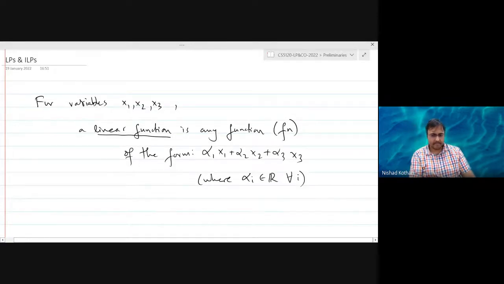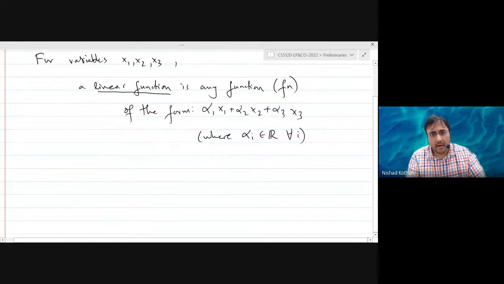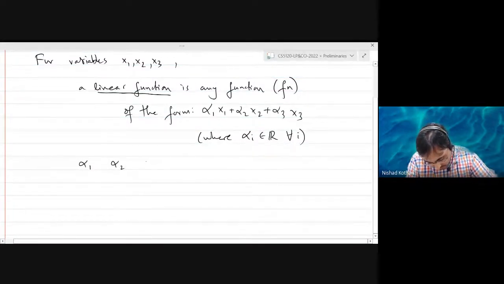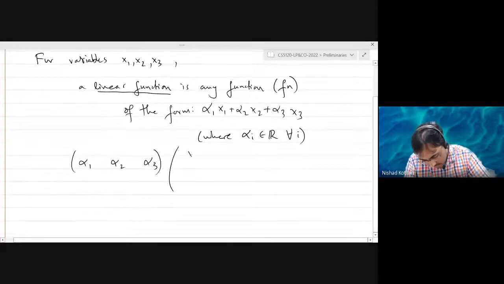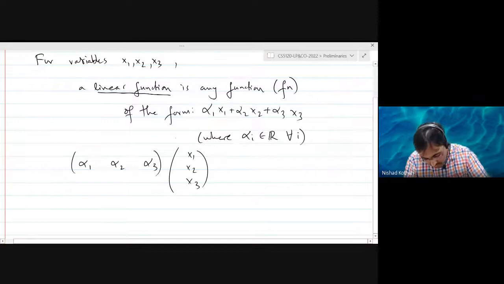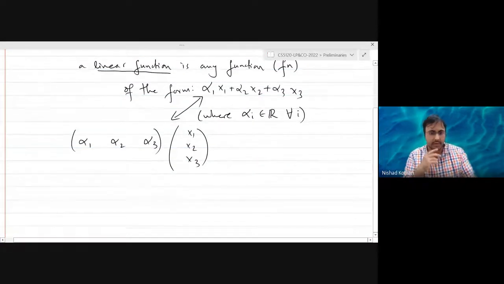Good. Notice that when we have a linear function like this, we can also write it in vector notation, which will be very useful. So we can write it as alpha 1, alpha 2, alpha 3 as a row vector multiplied by the column vector of variables. We'll be using vector notation quite a bit, so it's good to get used to it.